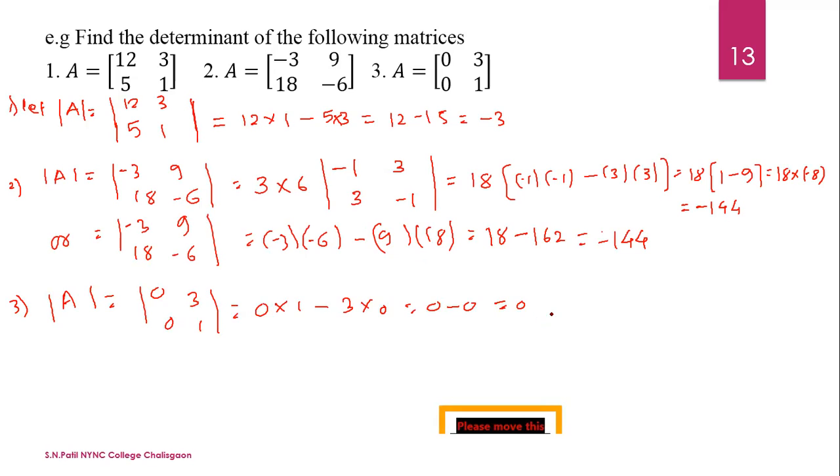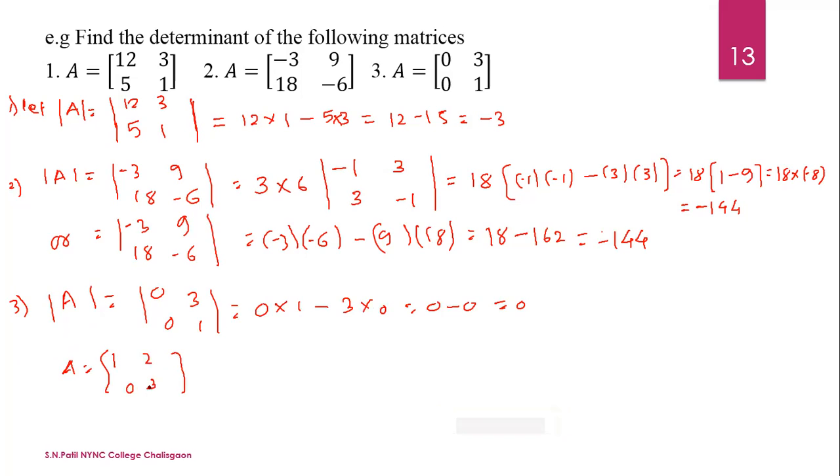Also remember, if there is a triangular matrix, triangular means upper triangular or lower triangular. Suppose we take the example of a 2 by 2 upper triangular matrix with rows 1, 2 and 3, 0.